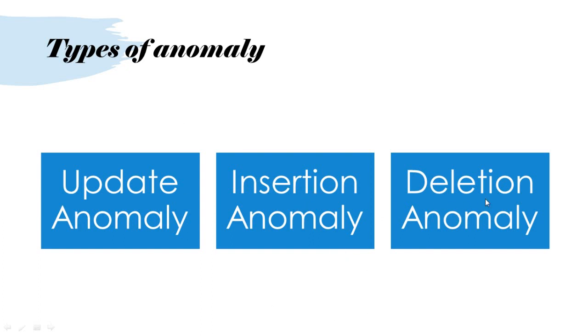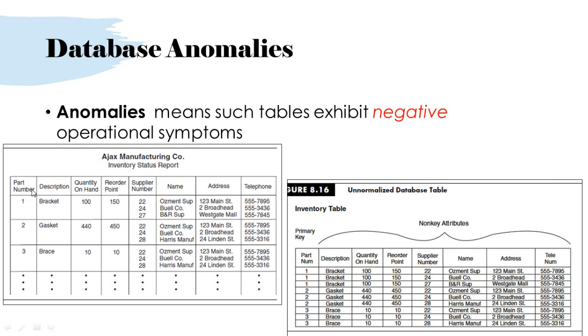And then the deletion anomaly. The deletion anomaly involves the unintentional deletion of data from a table. So something like this. We can see the normal one.